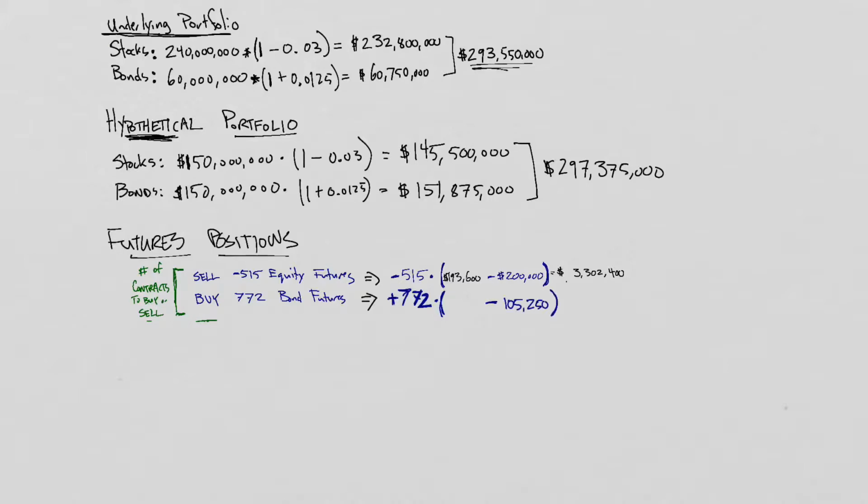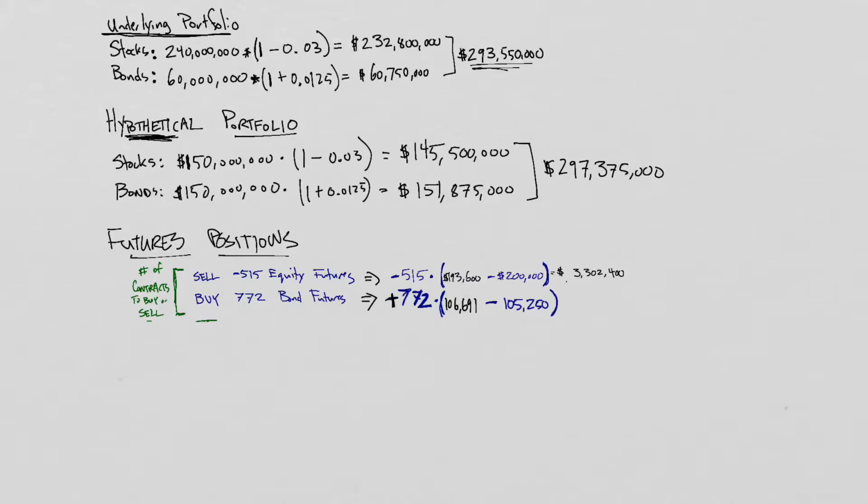And the bond market actually rose, by 1.25%. And so that means our $105,000 position jumped up to $106,691. And we had been long because we wanted to increase our bond exposure.